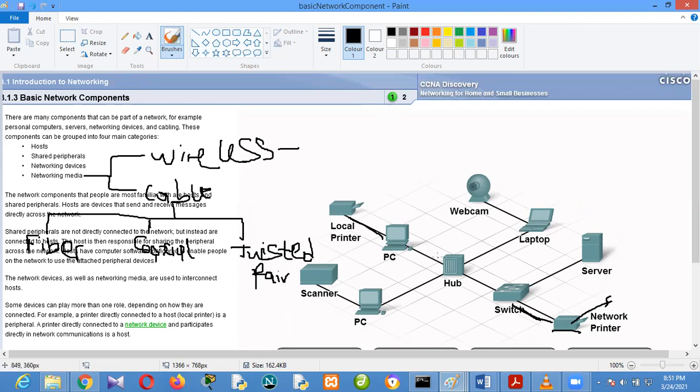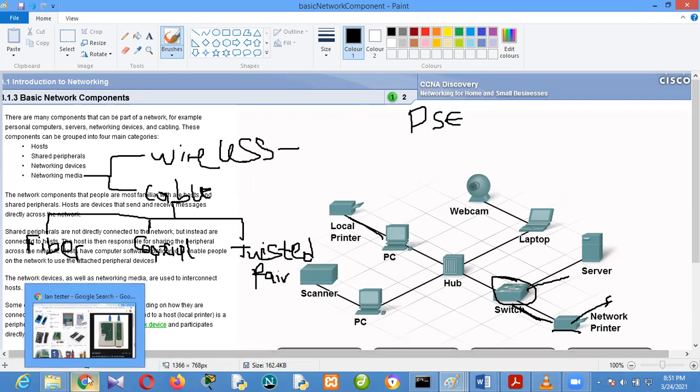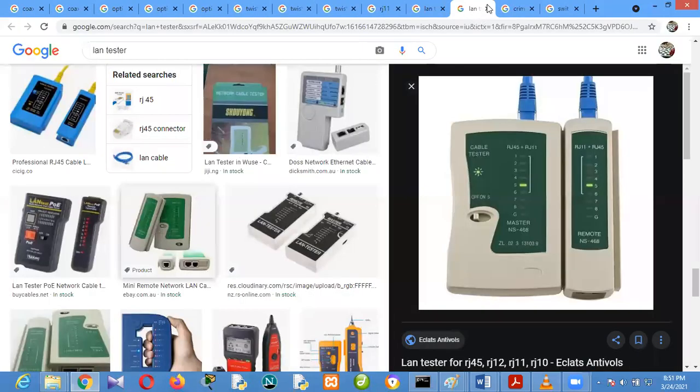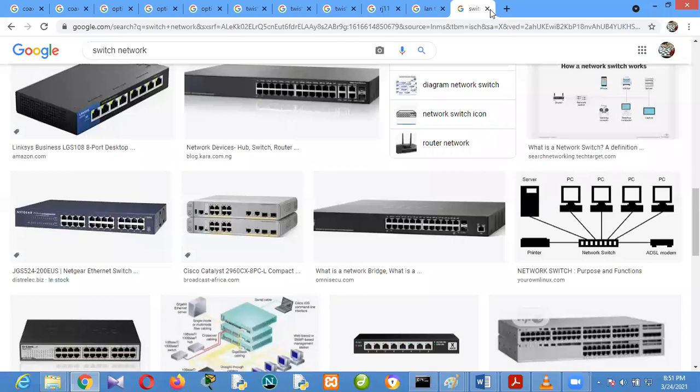Now, any device, like this switch, that can give as an output power and data at the same time is referred to as PSE, power source equipment. Power source equipment is not all switches, only the PoE switches.